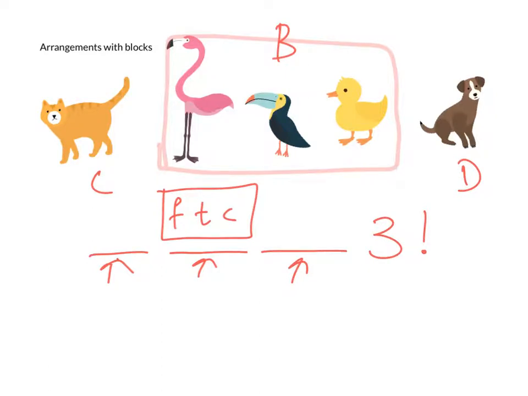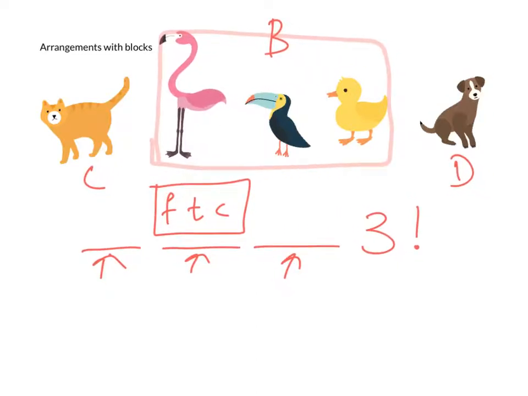Now, the other thing that happens is we can actually rearrange these creatures within their lineup. So what we have to now consider is that instead of having flamingo, toucan, and chicken, we just jiggle them around in their own order. So the possibilities there now are flamingo, chicken, toucan, or that one, or chicken, toucan, flamingo, and so on.